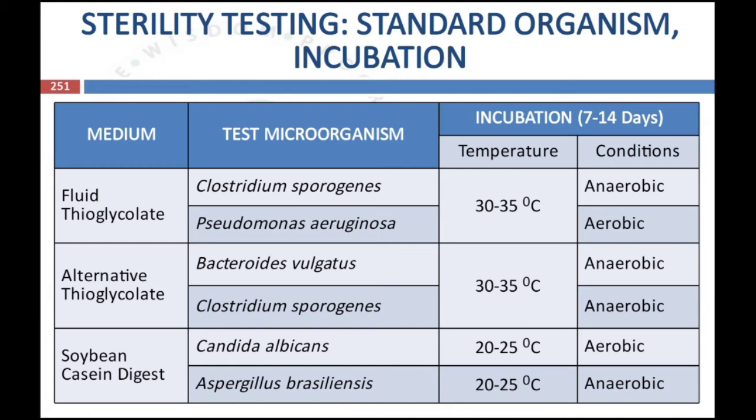In case of alternative thioglycolate media, we will use Bacteroides vulgatus and Clostridium sporogenes as standard microorganisms, and for soybean casein digest media, Candida albicans and Aspergillus brasiliensis at 20 to 25 degrees Celsius are used as standard microorganisms for the sterility testing, which are mainly used as positive controls.